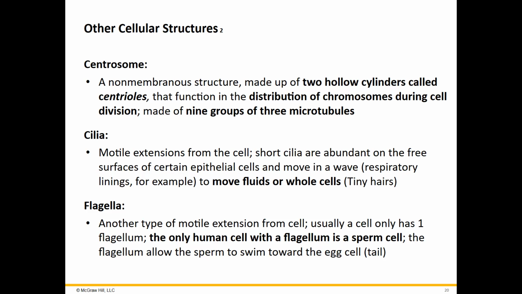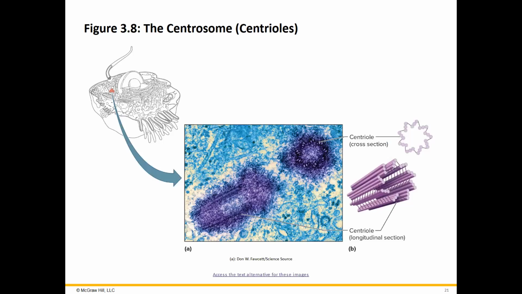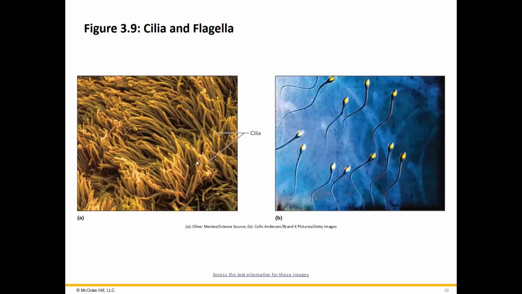So the flagellum is a tail, the cilia are tiny hairs, and the centrosomes are structures that create little web appendages, which are the microtubules. Again, don't worry about these pictures under the microscope, but this is a good picture. This is cilia, many little hairs that push things along the surface of the cell. And here's sperm, here's the flagellum. It's a motile structure that allows for propulsion.